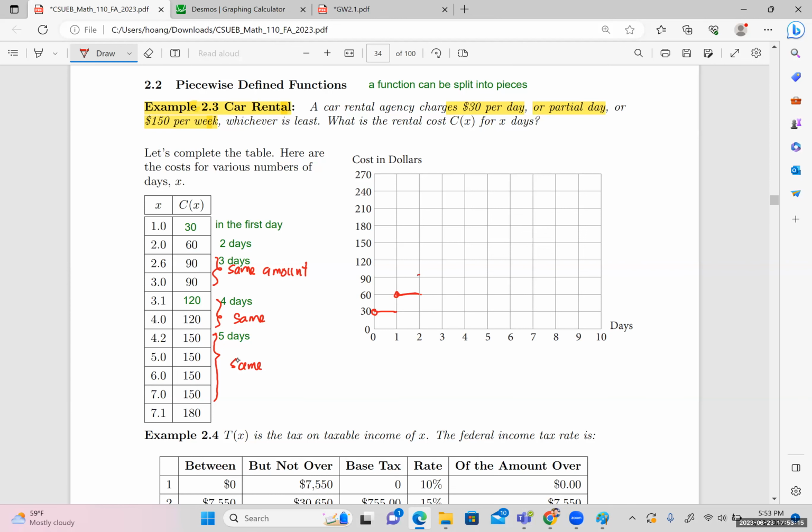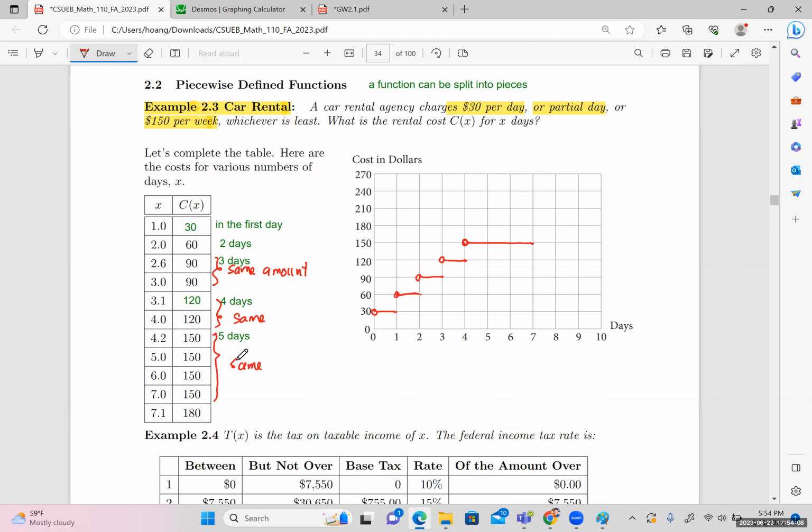Similarly for the third day, and the fourth, I stop at 11:59 p.m. From the first minute of the 5th day, the amount is $150, the same up to day 7.